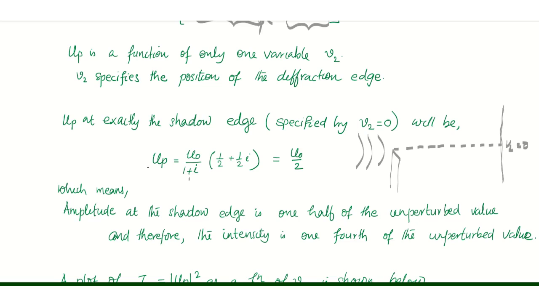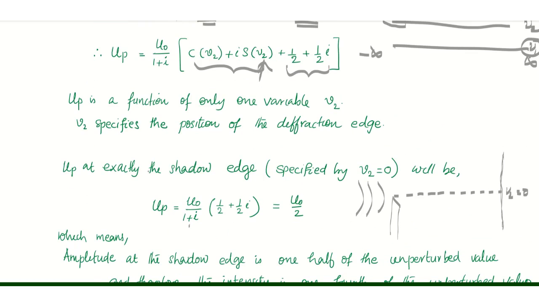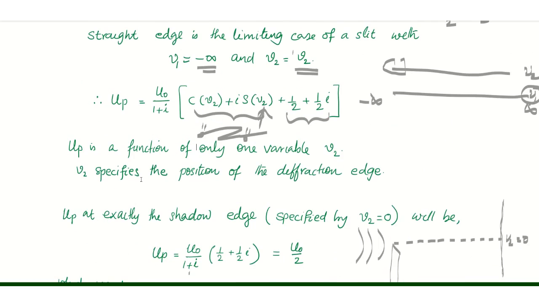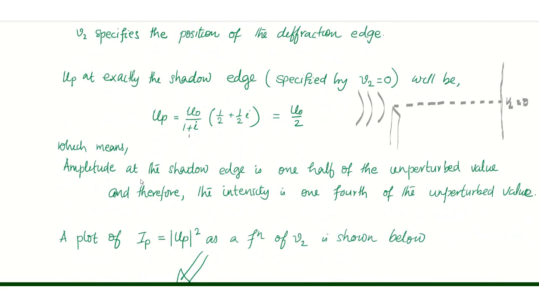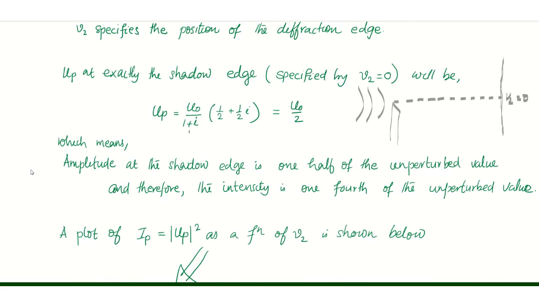Because this CV2 becomes 0 and SV2 becomes 0, what remains is these terms here. Therefore you see half plus half I, so the field amplitude will be half of the original one.